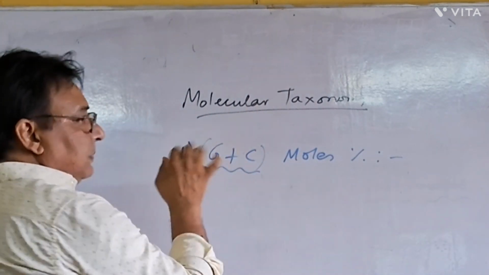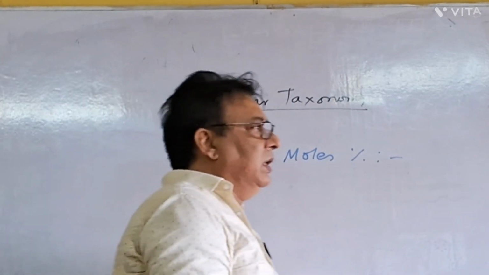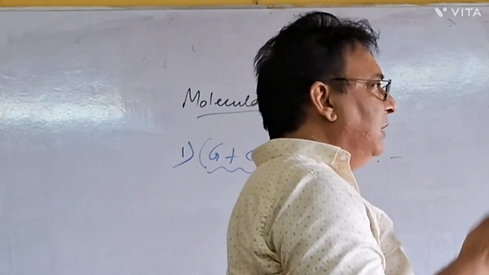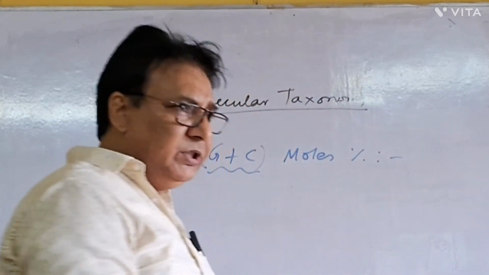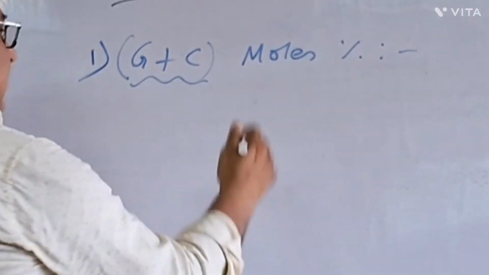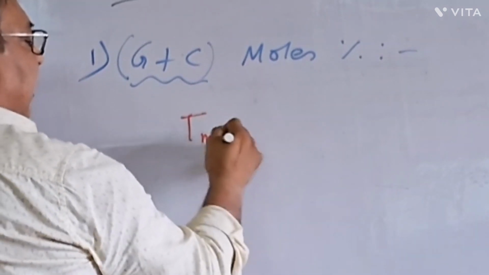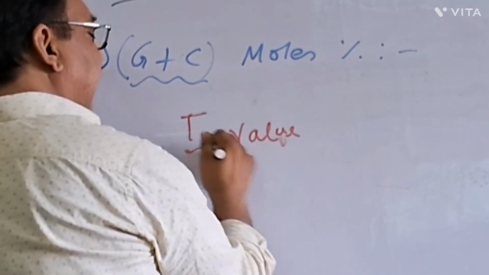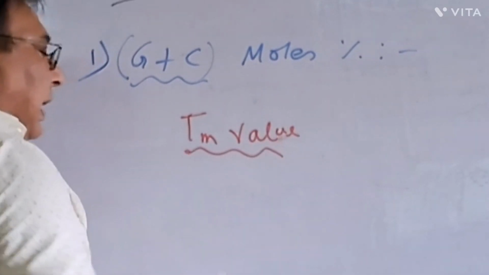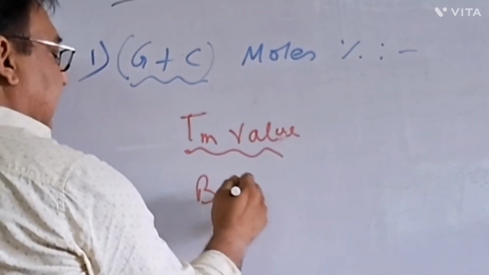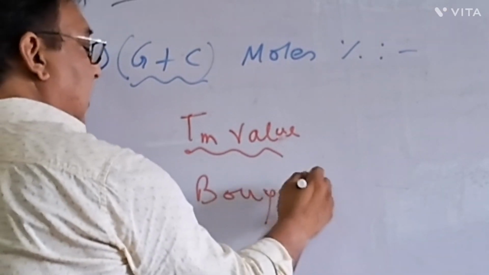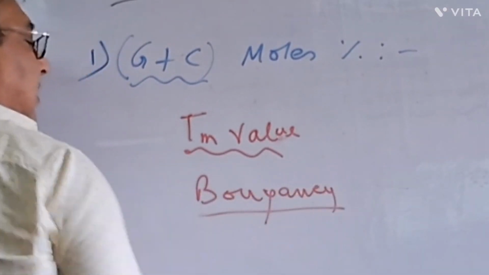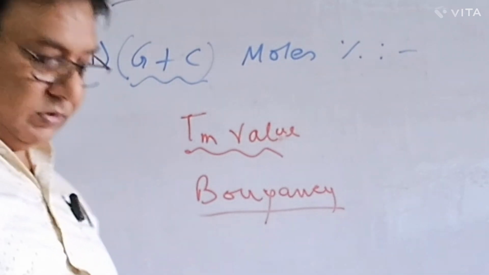So G plus C moles percent is determined with the help of two techniques. One is a temperature based technique to calculate the Tm value of the DNA. And the other one is the buoyancy of the DNA.